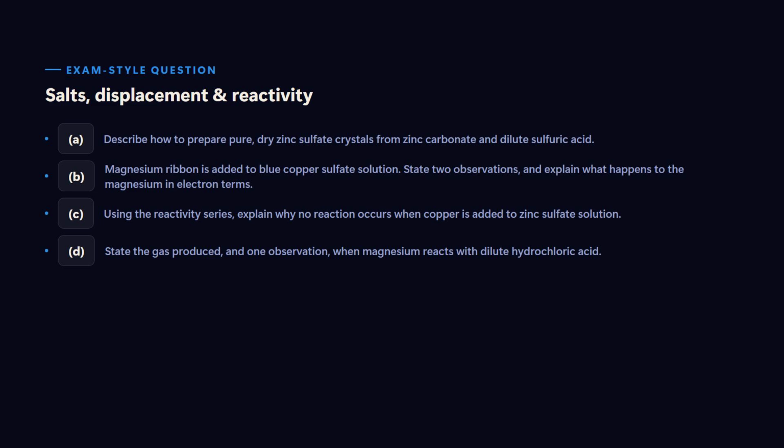State 2 observations and explain, in terms of electrons, what happens to the magnesium. Part C. Using the reactivity series, explain why no reaction occurs when copper is added to zinc sulfate solution. Part D. State the gas produced, and one observation when magnesium reacts with dilute hydrochloric acid.